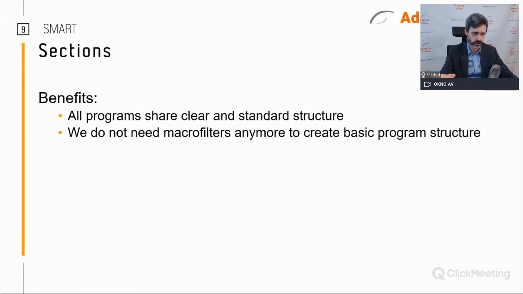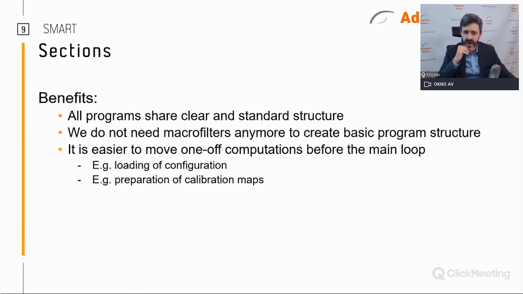Now all the related elements are in one program view. It's easier to move the one-off computation, so those things which need to be executed only once before the main loop, so loading configuration, preparation of calibration maps, and so on.